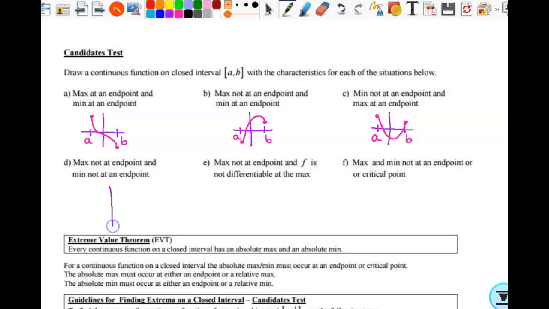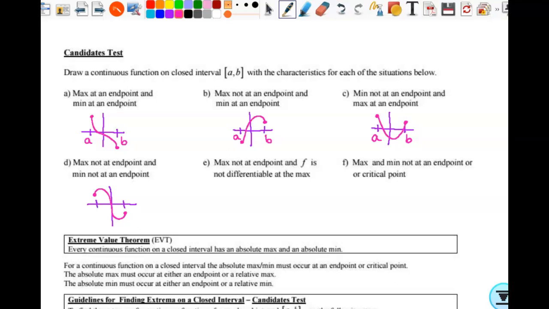Max not at an endpoint, minimum not at an endpoint. Does that work?